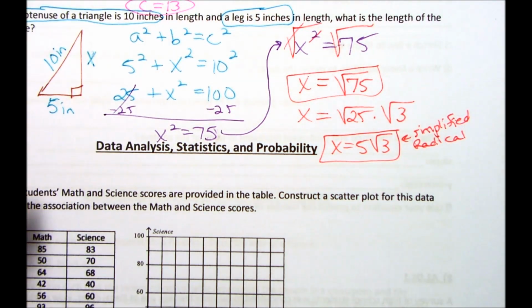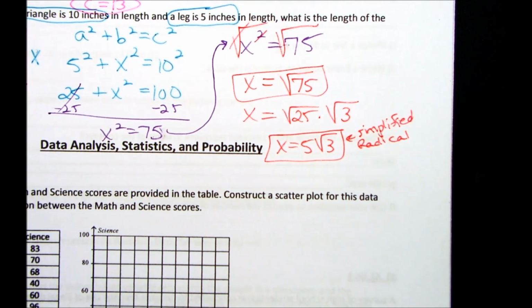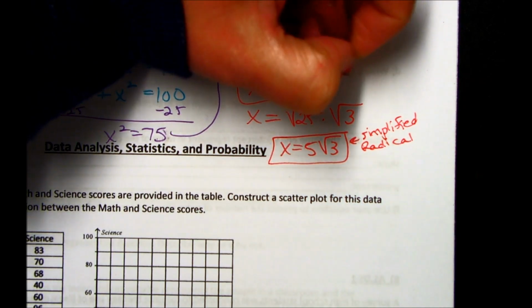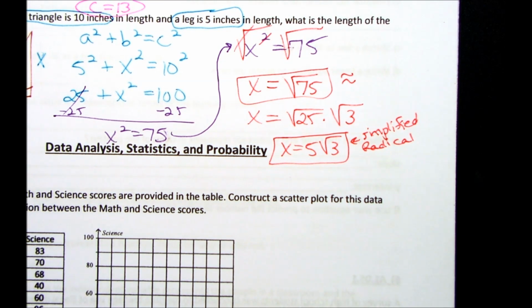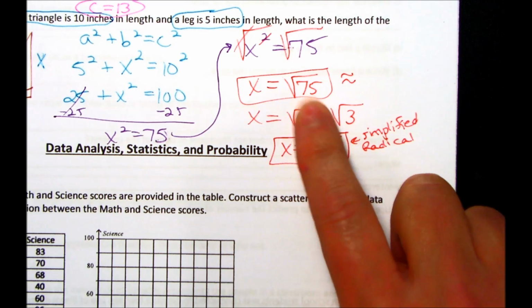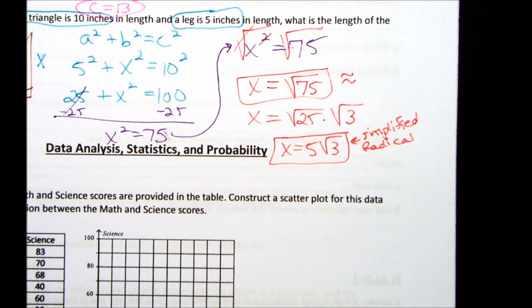which is another concept that might be on the ISTEP. Or they may just want you to round it to the nearest hundredth. So if we just take the square root of 75, another skill you might be asked is to estimate the square root.